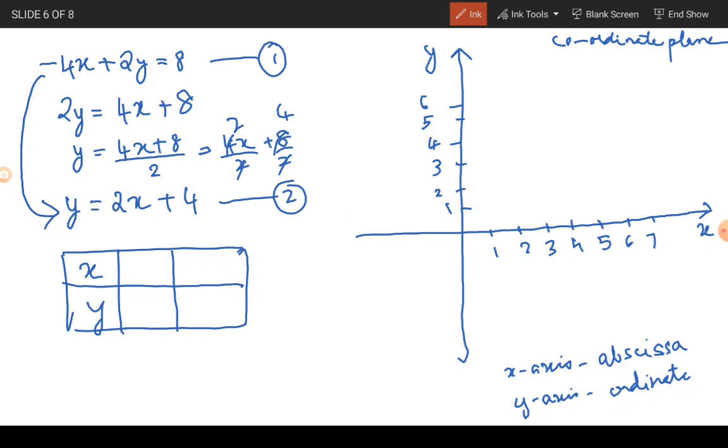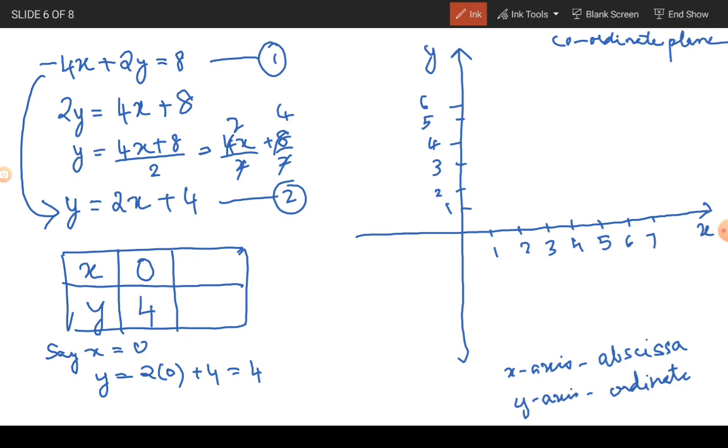So take any value of x. Say the value of x I am taking is 0. So assuming x equals 0, I can calculate the value of y by putting x equals 0 in my equation 2. So 2 times 0 plus 4, I get the corresponding y value as 4.